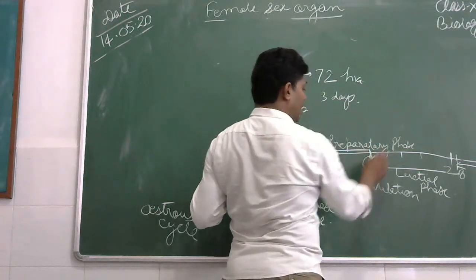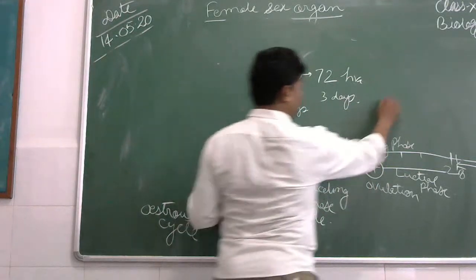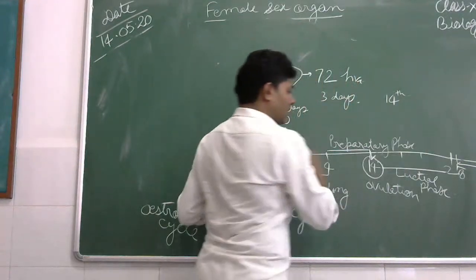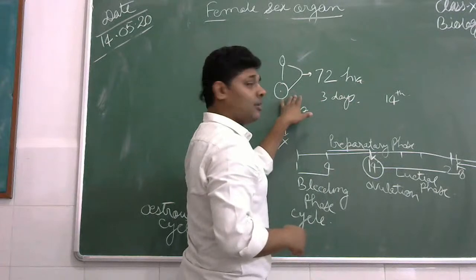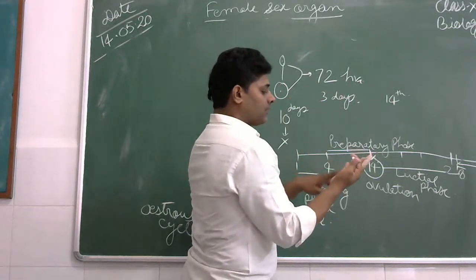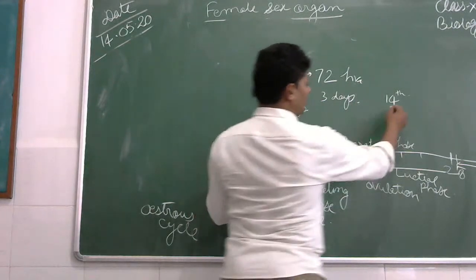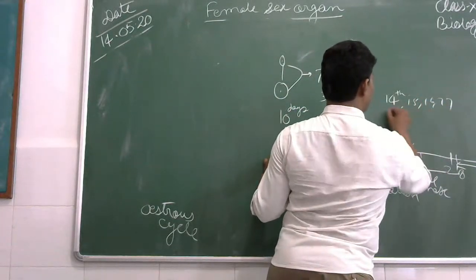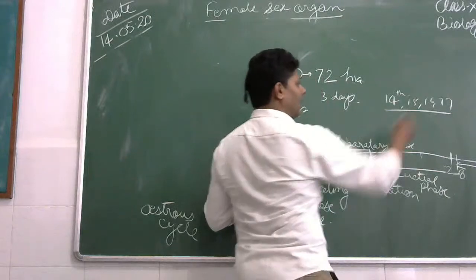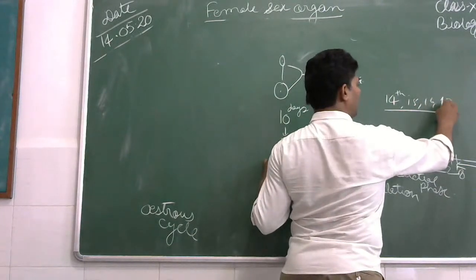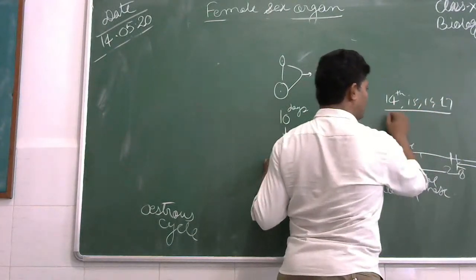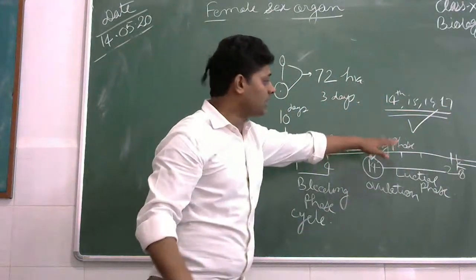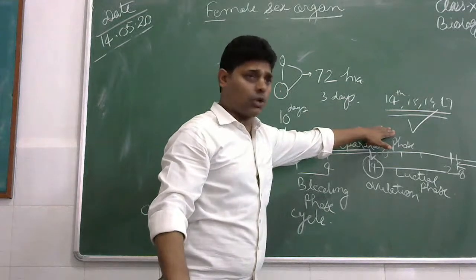Suppose ovulation occurs on the 14th day, then the egg can remain for 3 days, meaning 15, 16 and 17. So the egg will remain during 15, 16 and 17, and if copulation occurs within these days, the possibility of fertilization becomes strong.